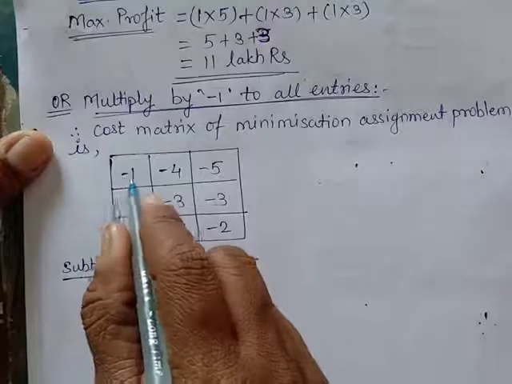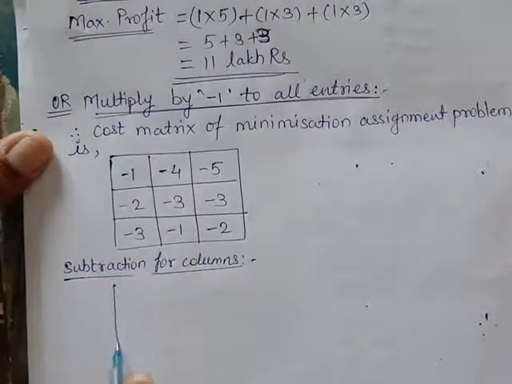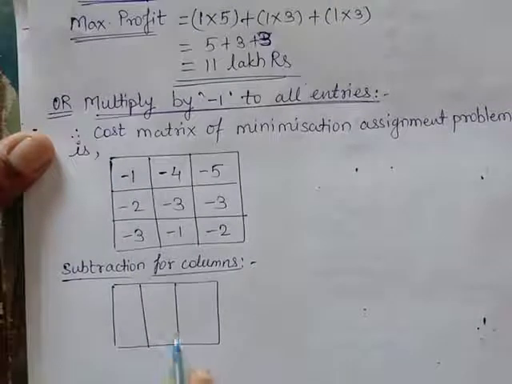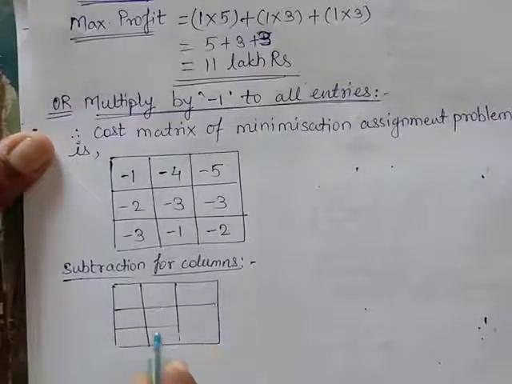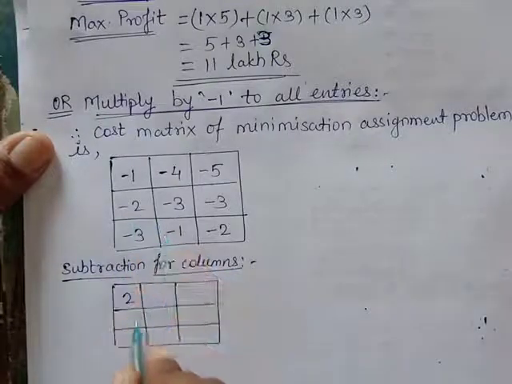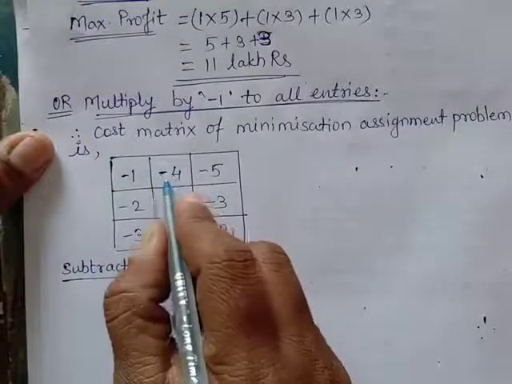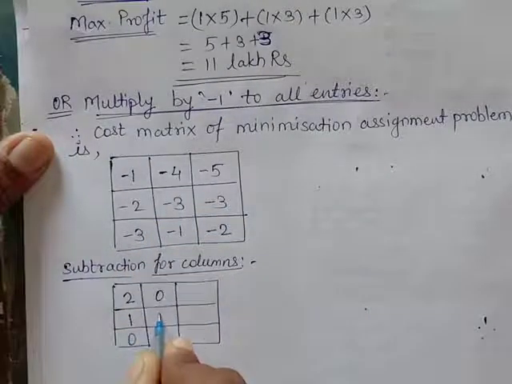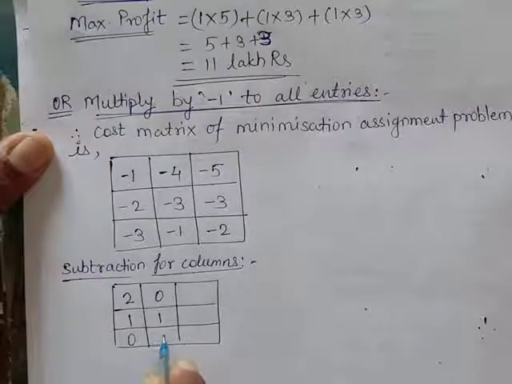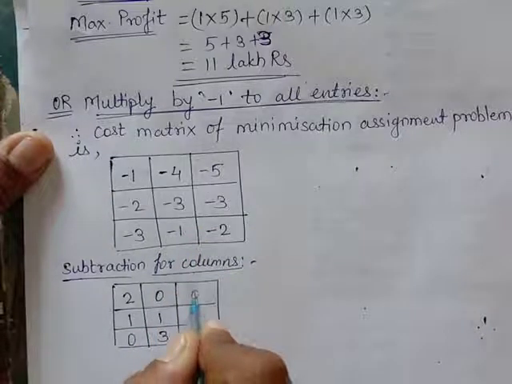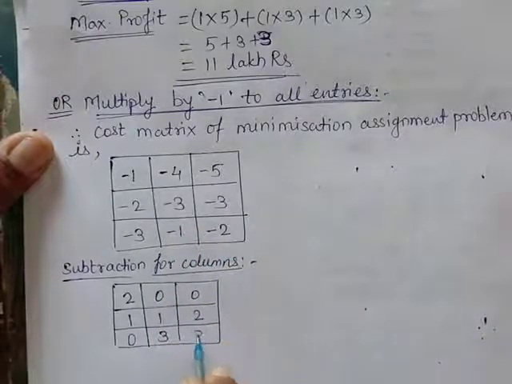So subtract -3 from -1, we get 2. -2 minus -3 will be 1, and 0. Then here the minimum is -4. So 0, 1 and 3. Here the minimum is -5. So 0, here 2 and here 3 we get.